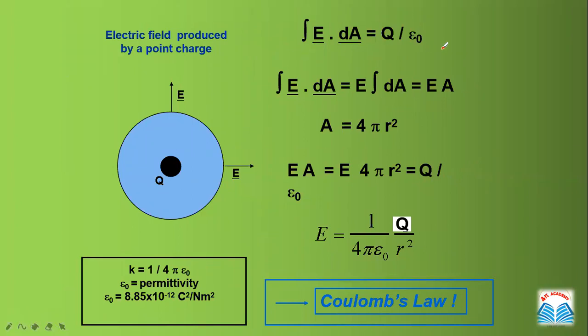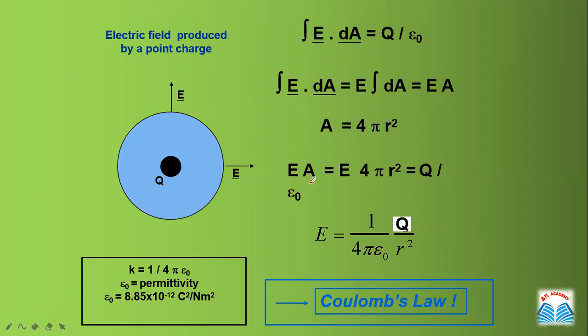E dot dA equals q upon epsilon naught. E is outside and the integral will be of dA. dA means the area. If we are considering a point charge, then we will have a closed surface which will be a spherical surface. So 4 pi r square.